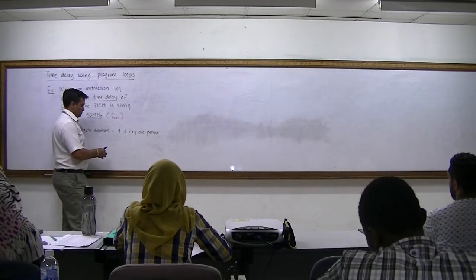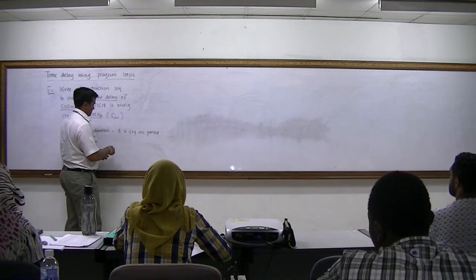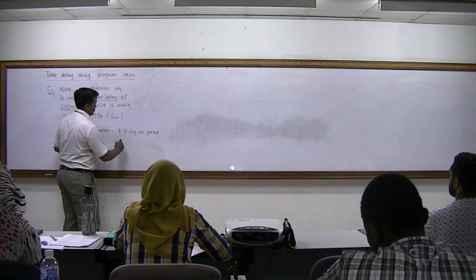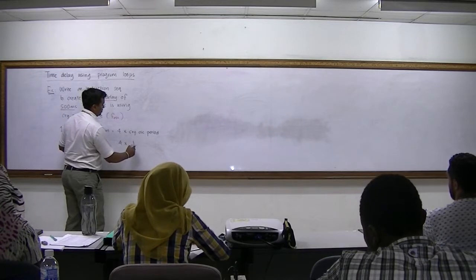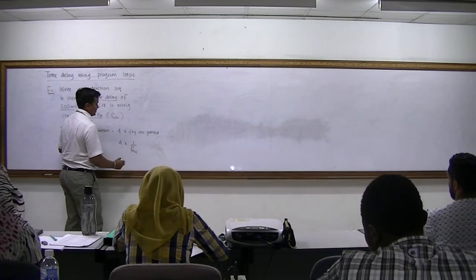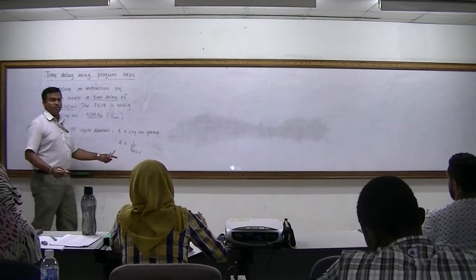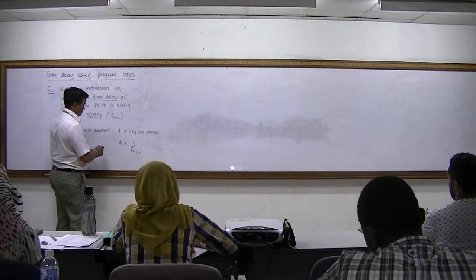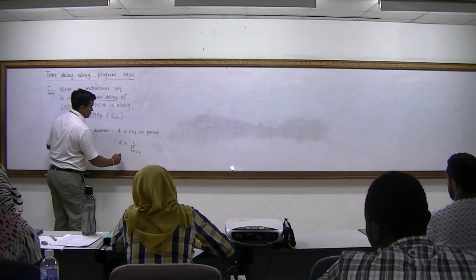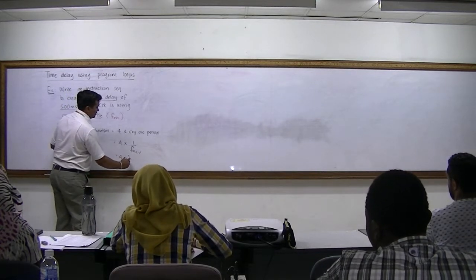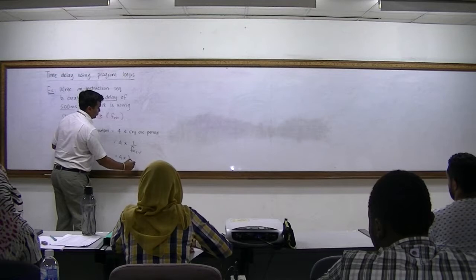This is frequency. If you want to get the period, it's actually 4 times 1 over the oscillation frequency. This is given, right? So 1 over 40 mega.